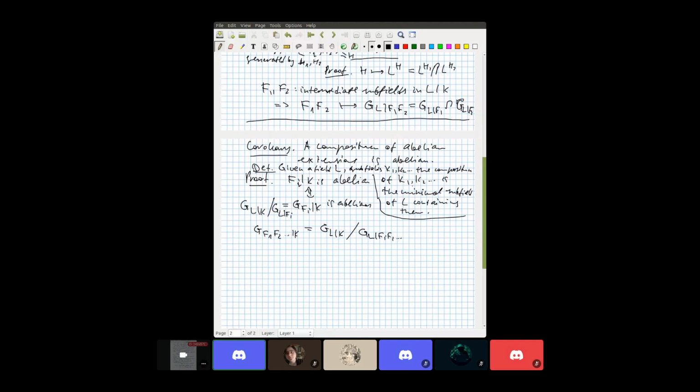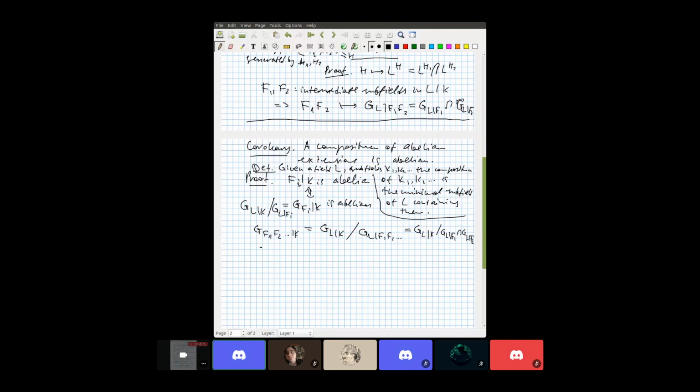What is this? This is just the intersection. So it is the quotient of G(L/K) by the intersection of G(L/F1), G(L/F2), and so on. And what is the intersection? The intersection is just the kernel.